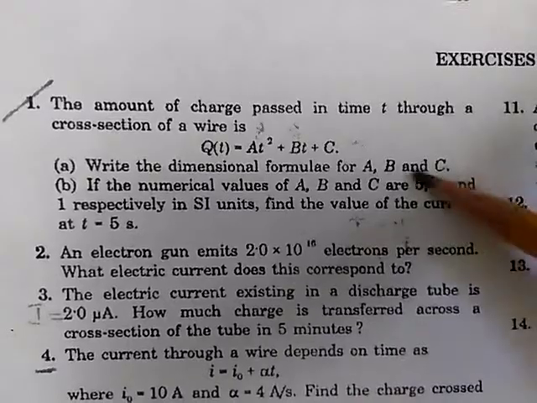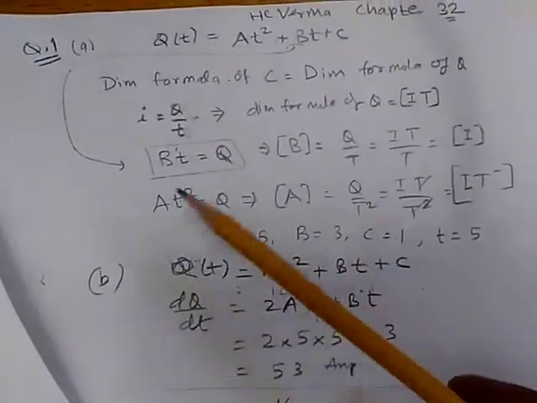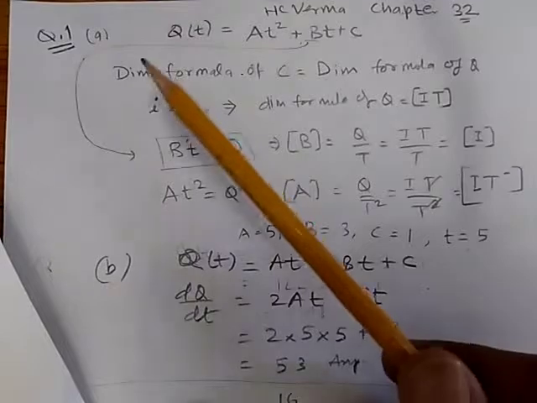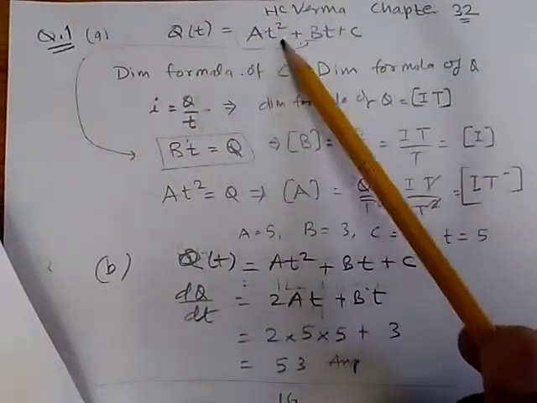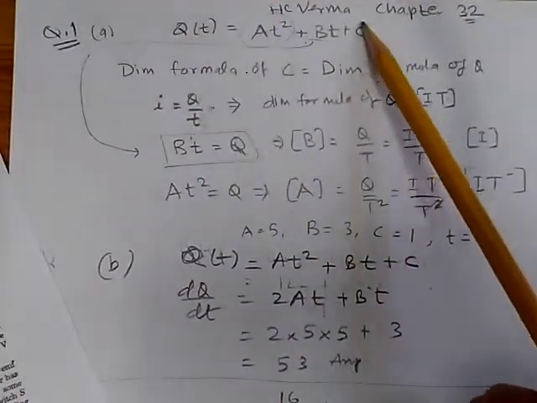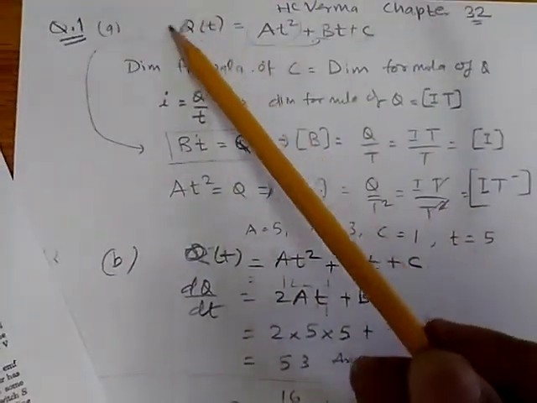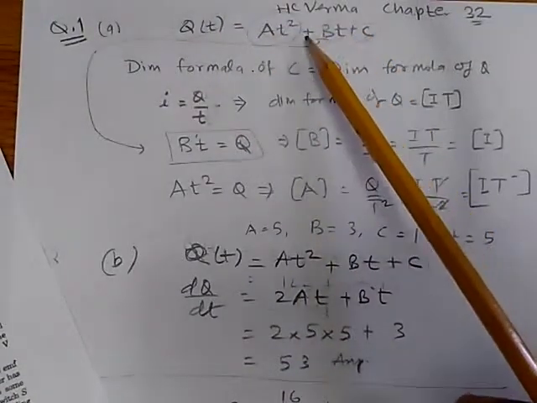For the dimensional formula part, the one thing that you need to keep in mind is that anytime we add two quantities, these two quantities will have the same dimensional formula. So the dimensional formula of C will be the same as that of Q, or At square, or Bt. Why is it so?